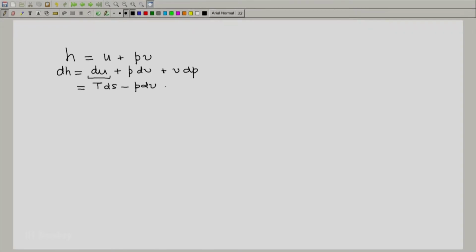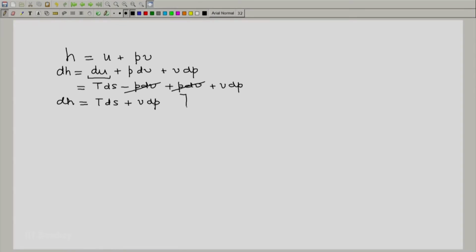We continue with this plus PdV plus VdP. These two terms cancel out and we end up with TdS plus VdP.